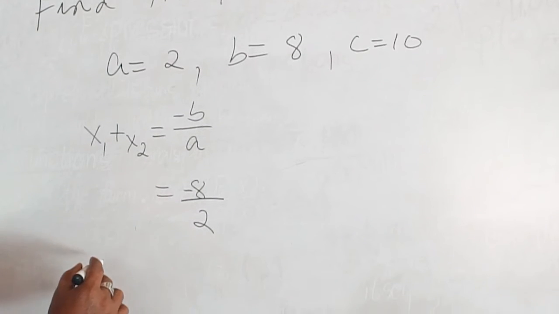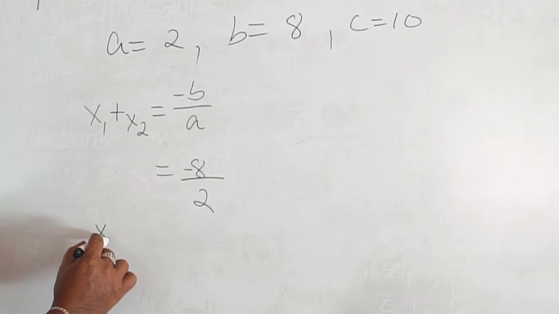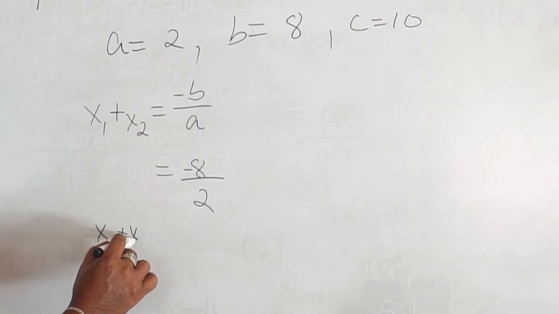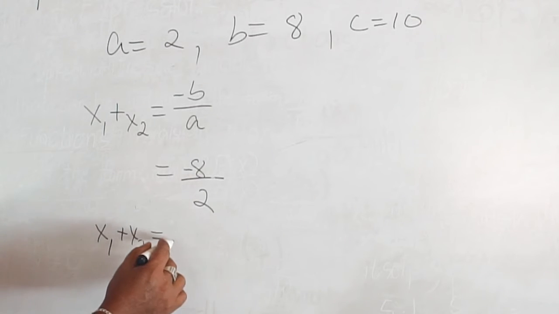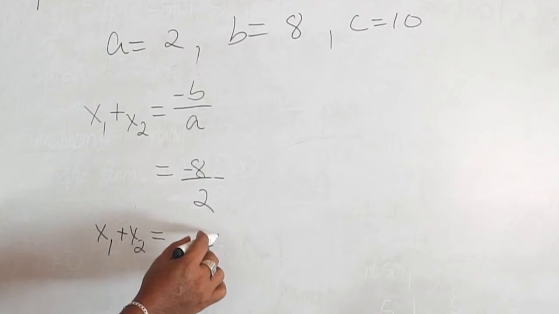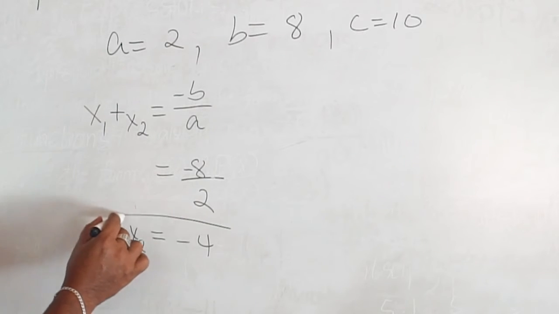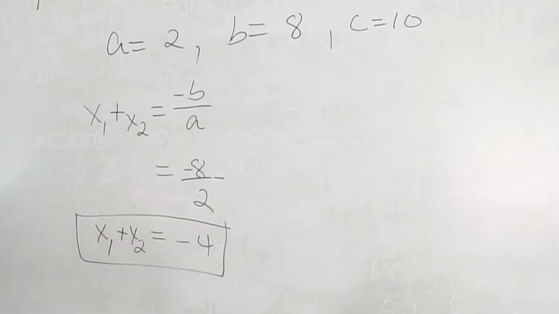Then simplify: x sub 1 plus x sub 2 is equal to negative 8 divided by 2. So the result is negative 4. So negative 4 is the sum of the roots.